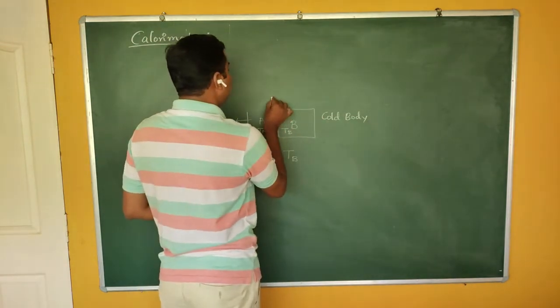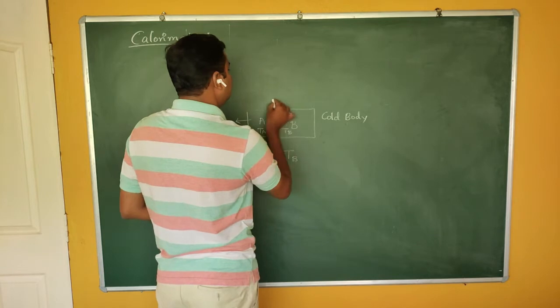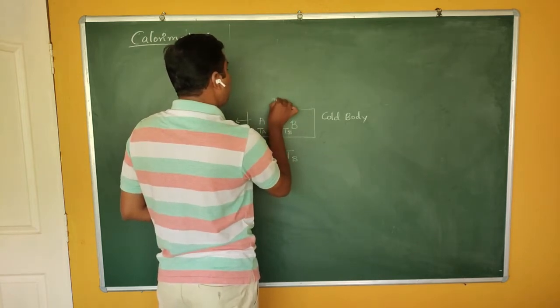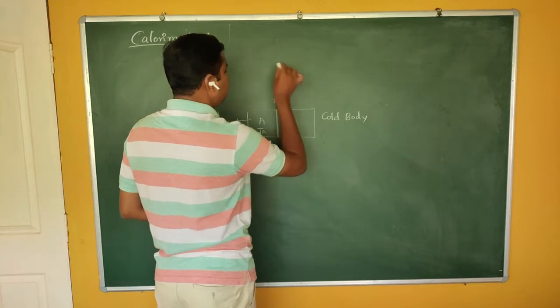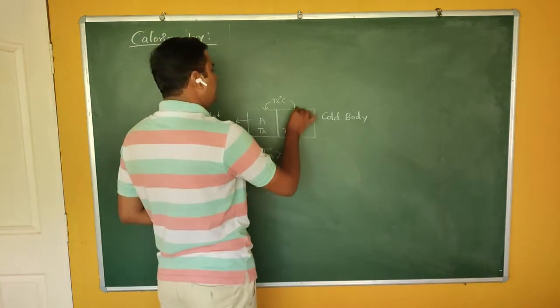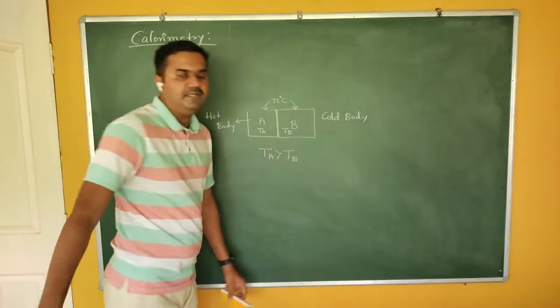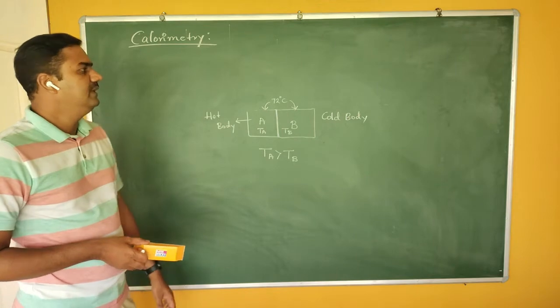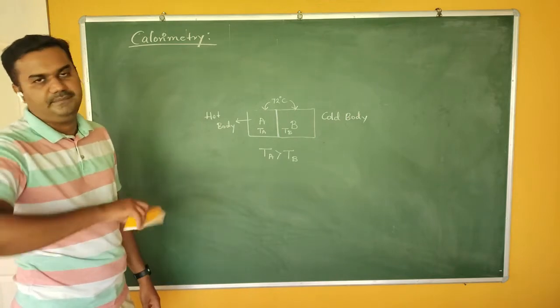Let me take something around 72 degrees centigrade. If the temperature of body A becomes 72 degrees centigrade, and the temperature of body B is also 72 degrees centigrade, then heat doesn't flow from A to B or B to A.